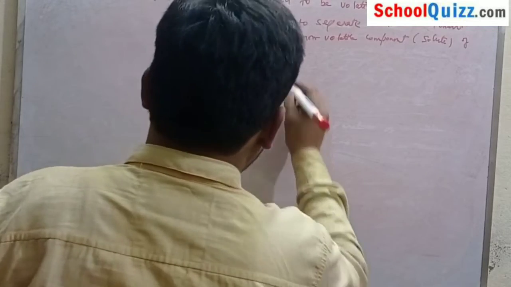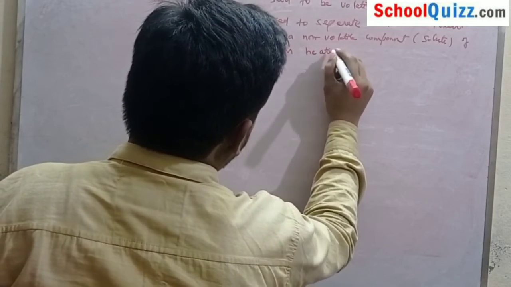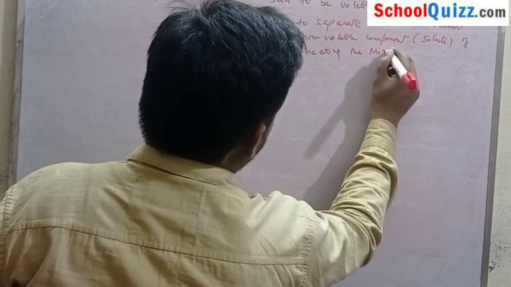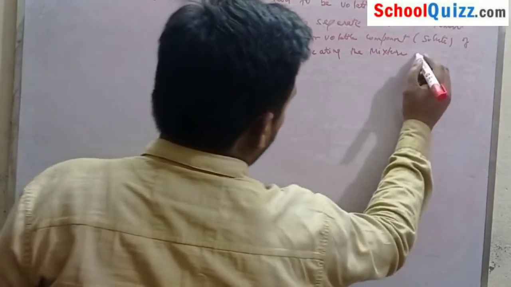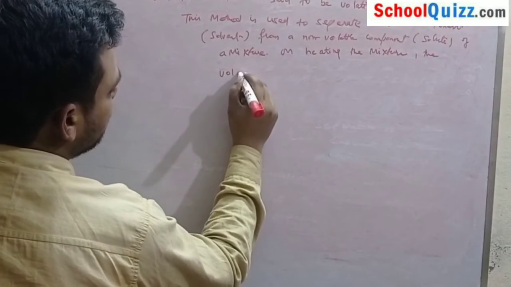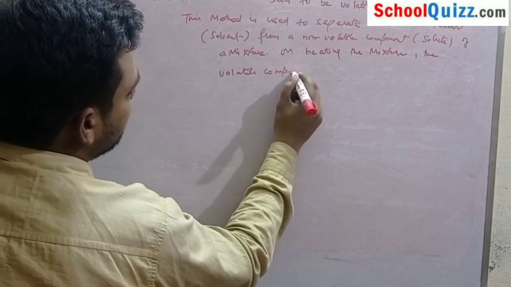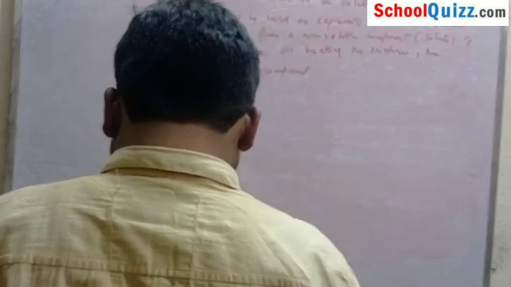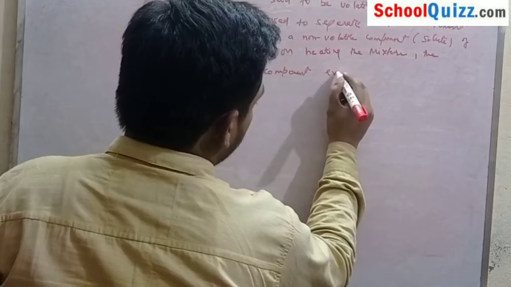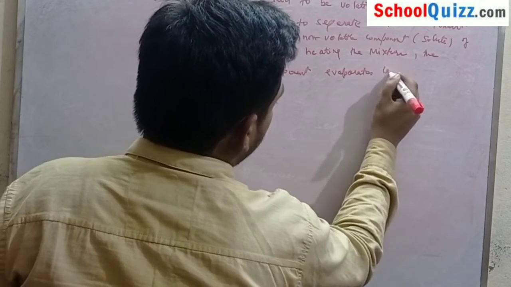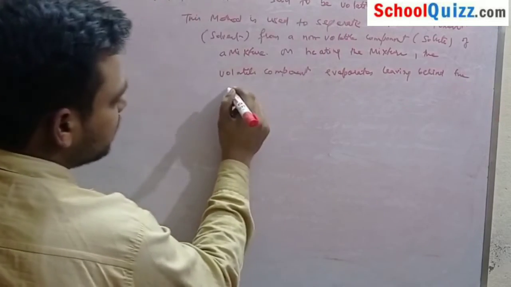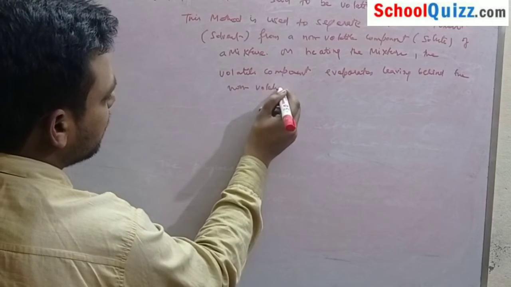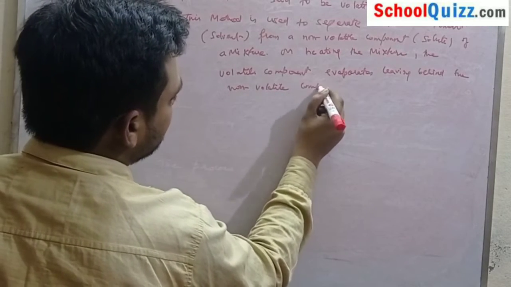So on heating the mixture, the volatile component evaporates, leaving behind the non-volatile component.